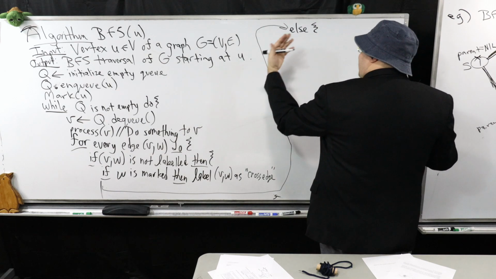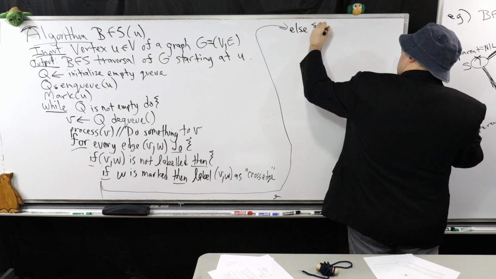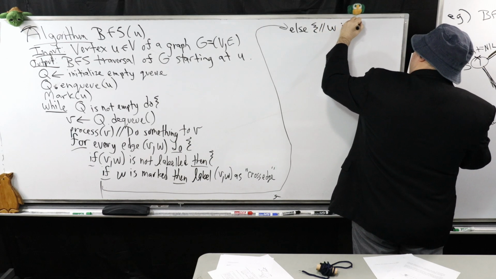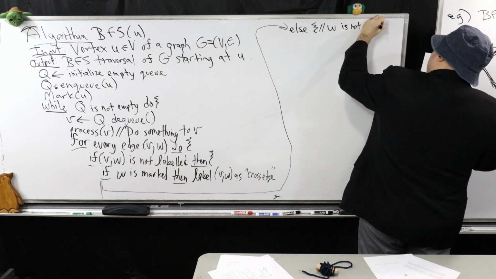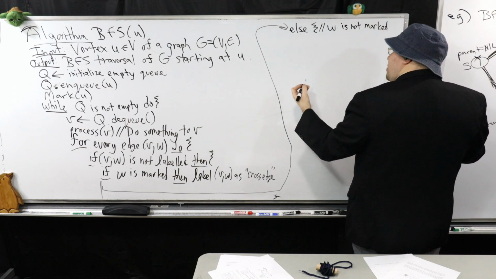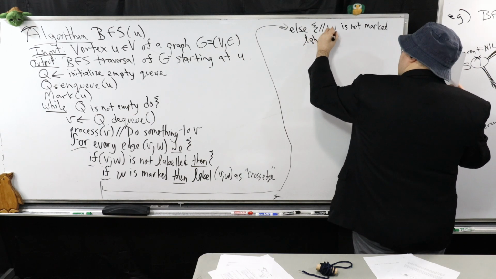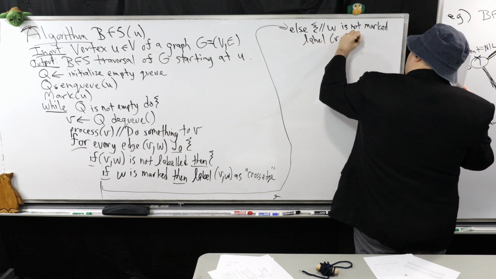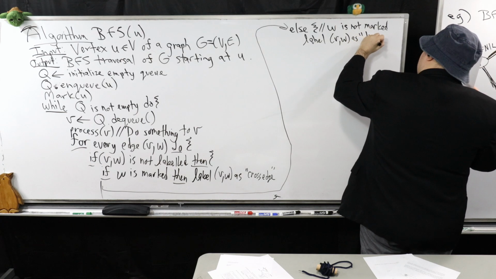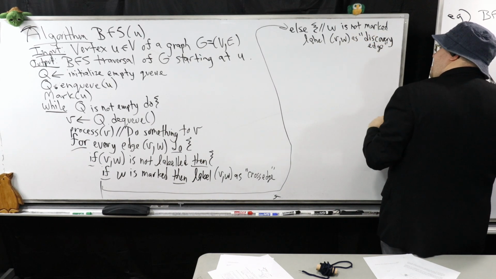So this is if W is not marked. So I'll just mention that W is not marked as a comment, just so we don't lose track of anything. Now, you know it's going to be a discovery edge or forward edge. So you're going to label VW as discovery edge, right? You label that edge.